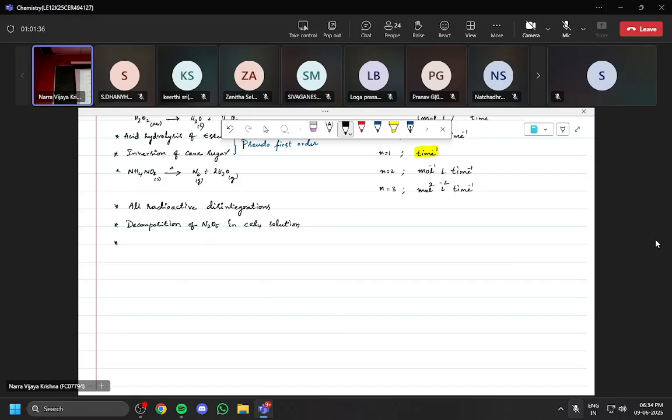There is one more reaction they gave: decomposition of sulfuryl chloride. If I write SOCl2, it is called thionyl chloride. So for example, SO2Cl2 on heating gives SO2 gas plus Cl2 gas. All these follow first order kinetics.